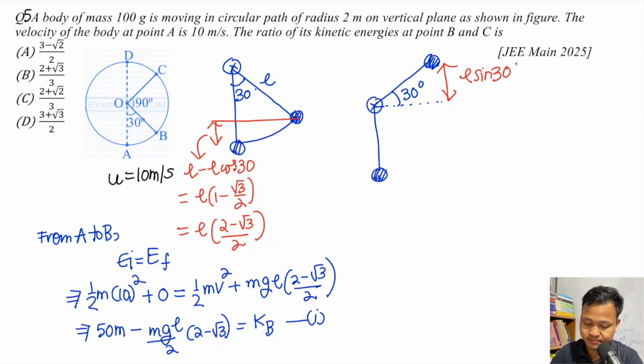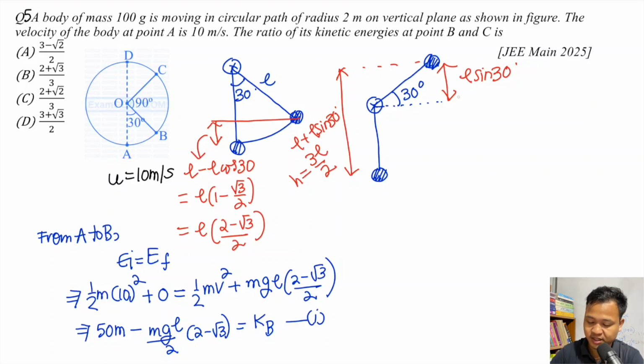So the total height from the bottom is L plus L sine 30. L sine 30 is L by 2, so L plus L by 2 is 3L by 2. This is the total height. By energy conservation, E initial equals E final.